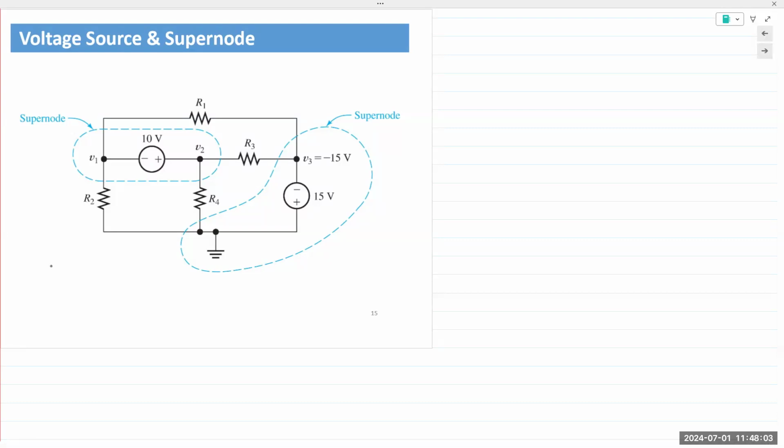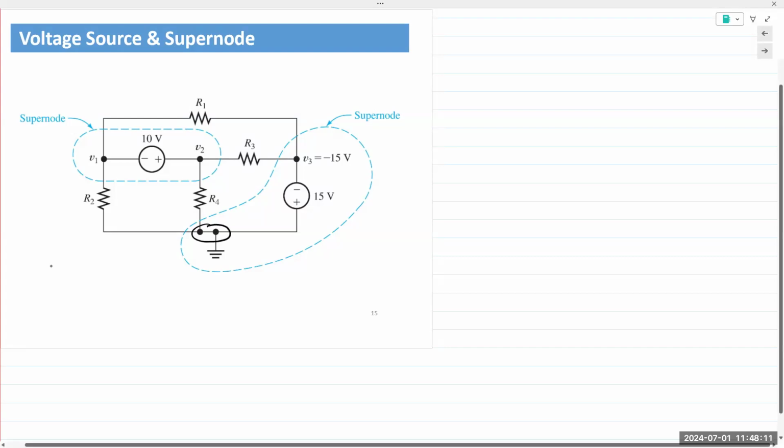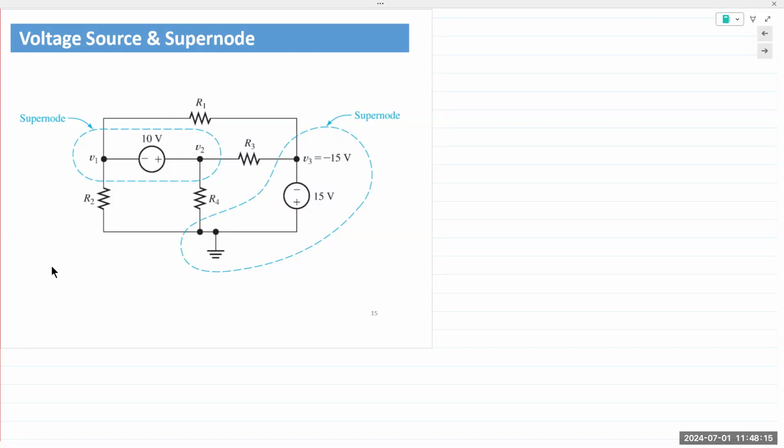what you would do is, let's use the bottom node as a reference. You have more than one voltage source in a circuit. The obvious hiccup is that we cannot describe the current flowing through the voltage source using Ohm's law.